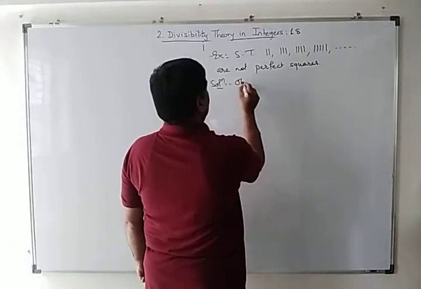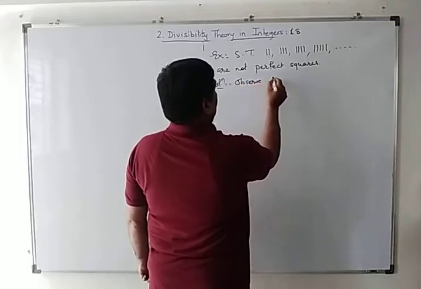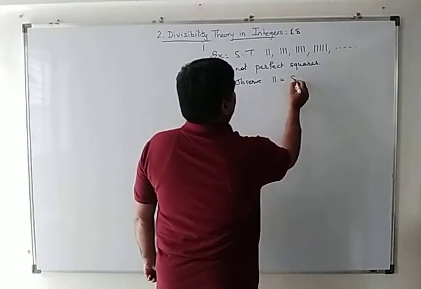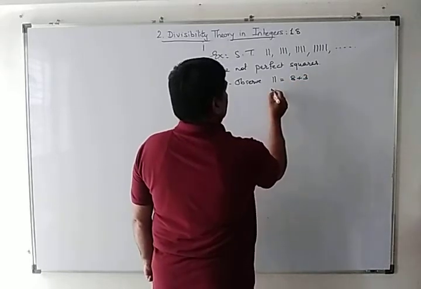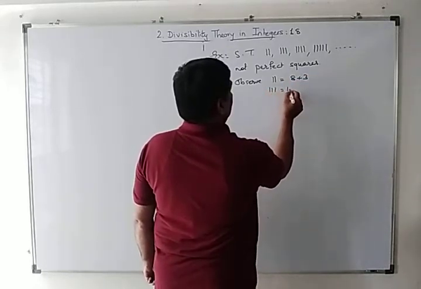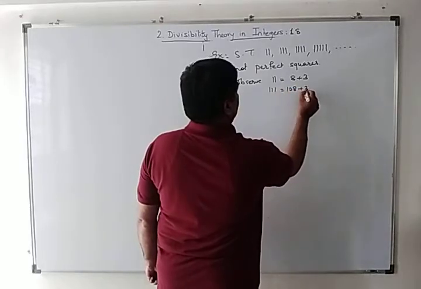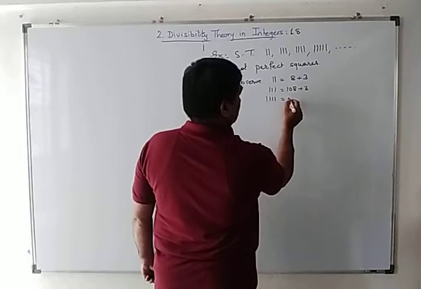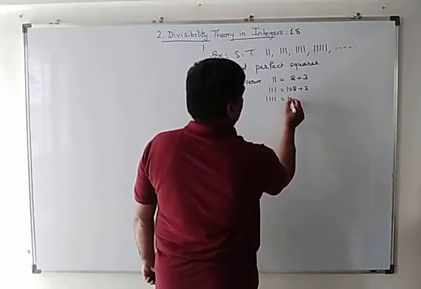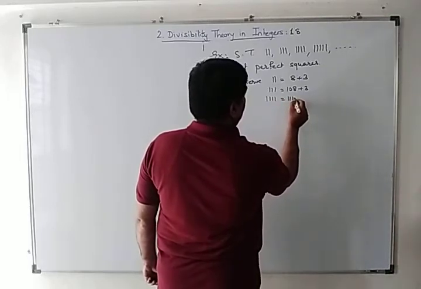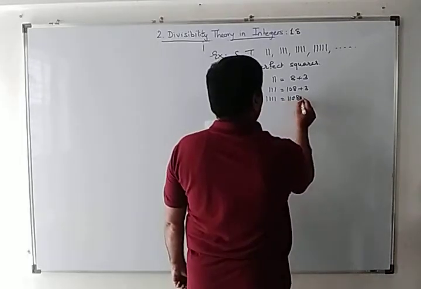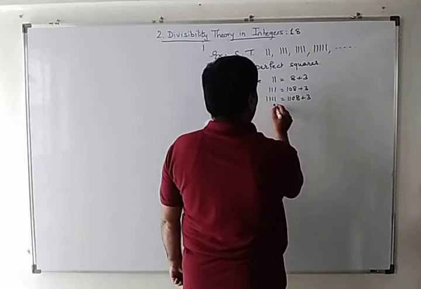Observe, I can write 11 as 8 plus 3, 111 as 108 plus 3, 1111 as 1108 plus 3, and so on.